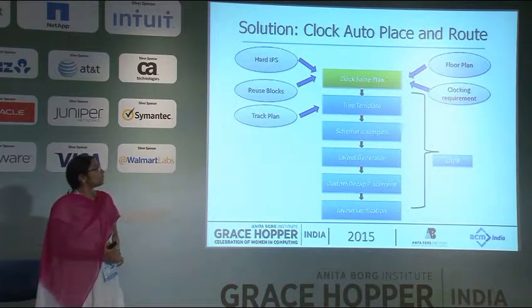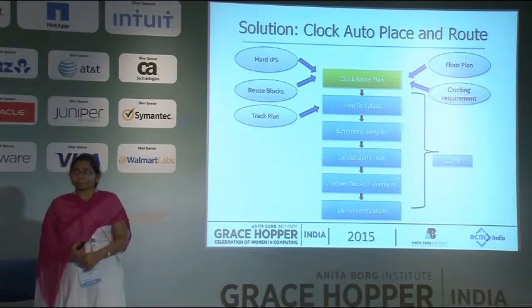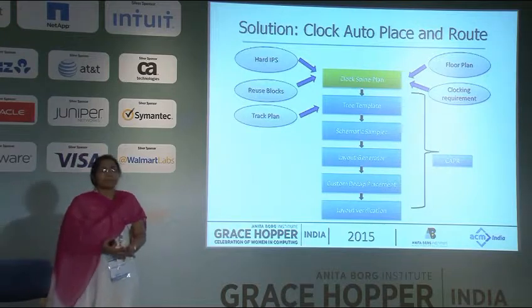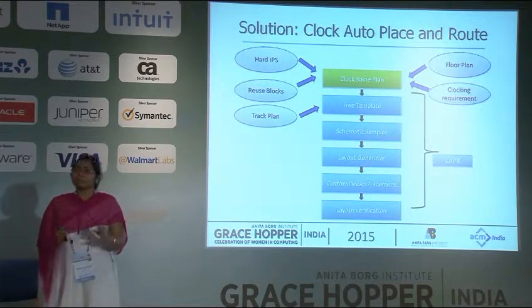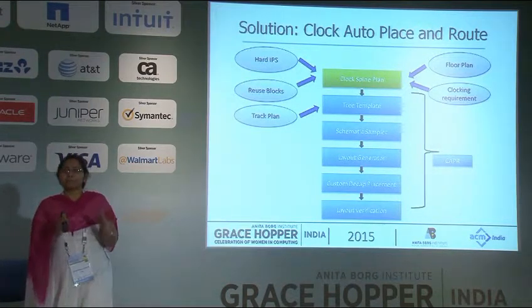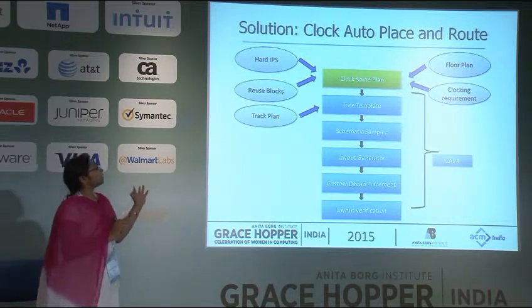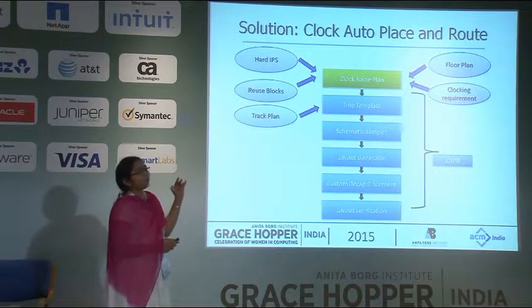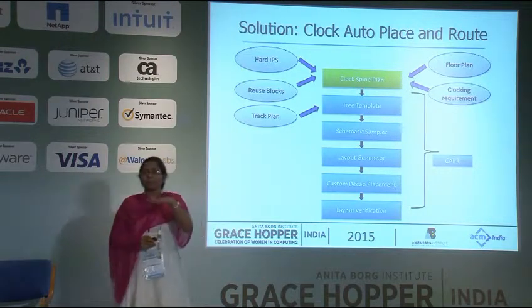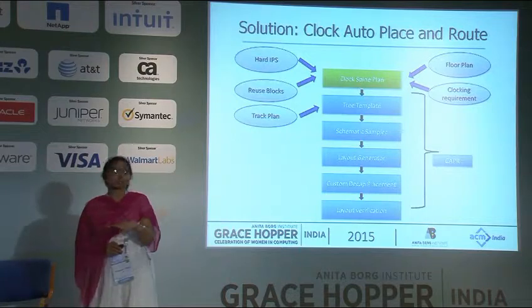Let's see how we came up with the plan. Clock spines. Generally, we get all the constraints from the SOC: the placements of the tiles, hard IPs, where reuse blocks are, the floor plan, and the power plan of the SOC.